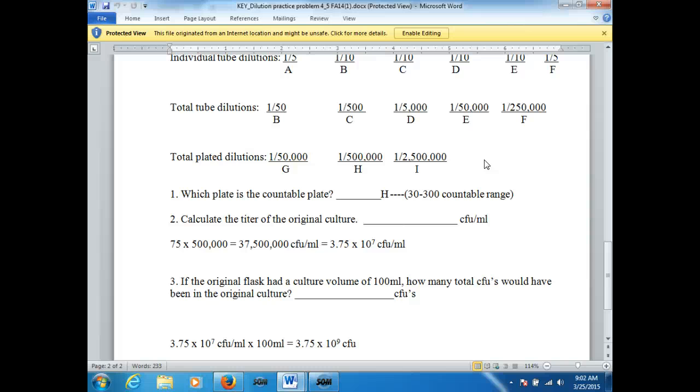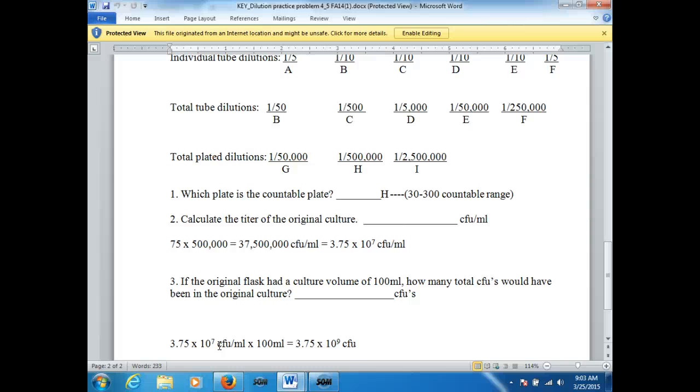Notice 7 here, because it's multiplied by 100, this gets changed to a 9 because it's 2 more zeros. And if it was by 200, we'd have to multiply this by 2 as well as add the exponent. So there are different ways that you can manipulate math. Do what works for you and what makes sense to you, and stick to that plan.